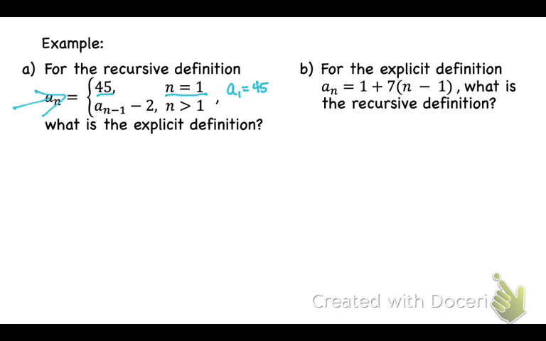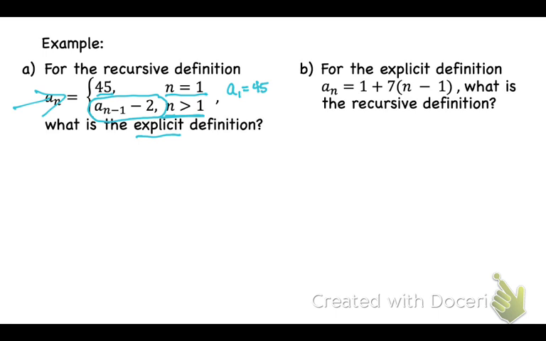But is it any different? No. And then this just says for every other term other than 1, doesn't it? Okay. So we have a sub 1 equals 45, and then here's my definition. So what am I doing every time? Subtracting 2. Okay? So, I have to write an explicit definition.